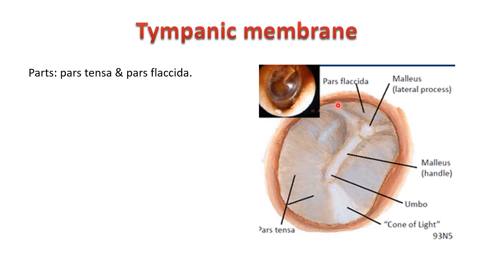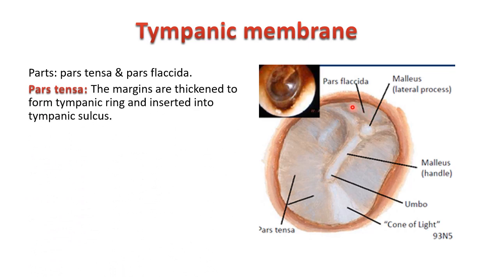From that you are able to see two folds, they descend, mucus folds, thereby dividing the tympanic membrane into pars tensa, which is very rigid and tight, and the other one, which is somewhat lax, is actually called the pars flaccida. The thickened margin which attaches to the tympanic sulcus is called the annulus or the tympanic ring.